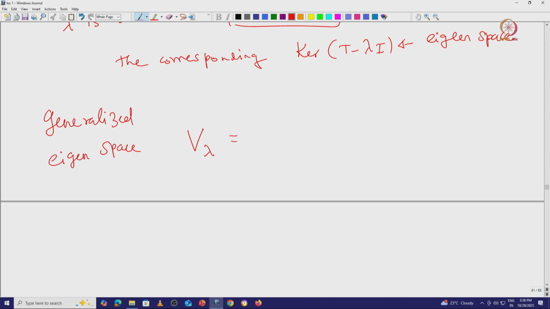So, this consists of all vectors in V such that some power of T minus lambda I kills that vector, for some r in N plus.